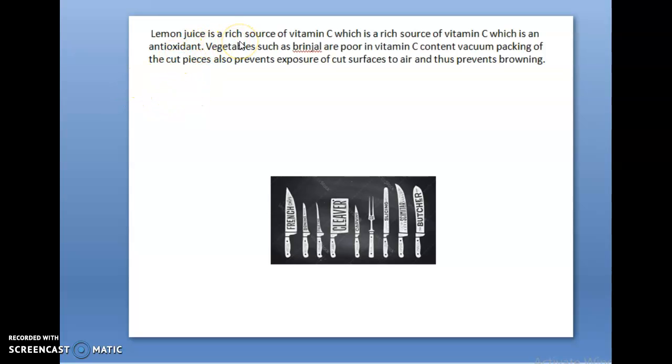Lemon juice is a rich source of vitamin C, which is an antioxidant. The vegetables such as brinjal are poor in vitamin C content. Vacuum packing of the cut pieces also prevents the exposure of the cut surface to air and thereby prevents browning.